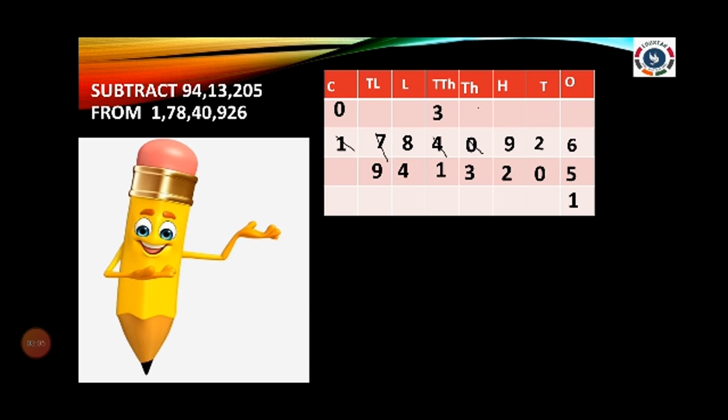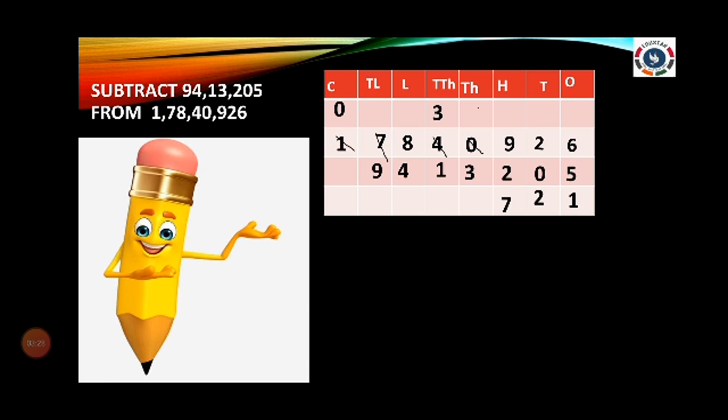How many fingers do you have now? 2. That you fill in the tens place. Then move to the hundreds place. The second number is smaller, so subtract directly. 9 minus 2, how much? 7. So write 7 in the hundreds place.